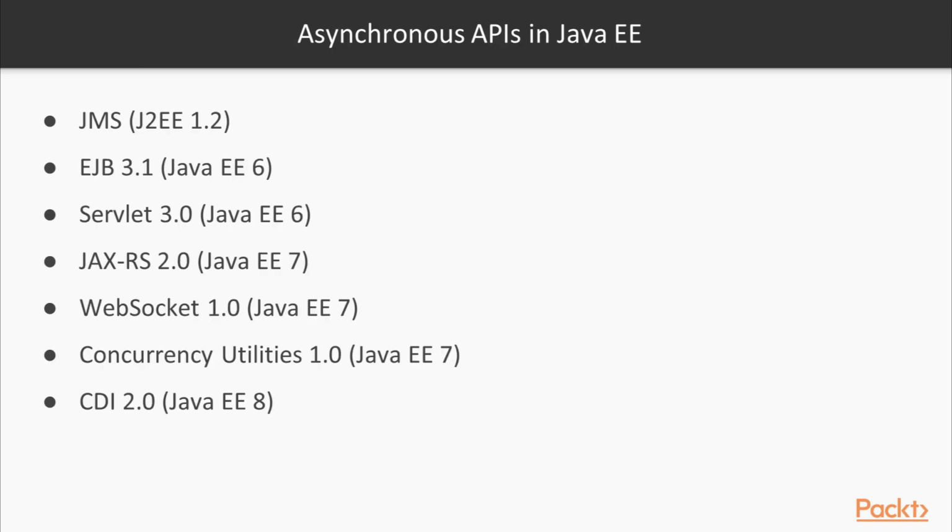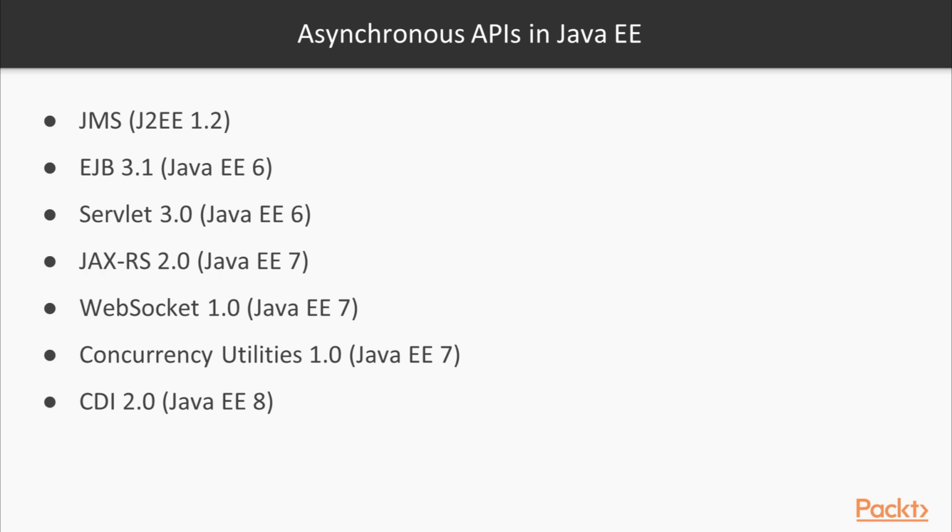Java EE has always had many asynchronous APIs. The first example would be JMS, which has been around ever since the initial Java EE. With EJB 2.0, the concept of message-driven beans was introduced, which is used quite a lot for asynchronous execution ever since and even until today.